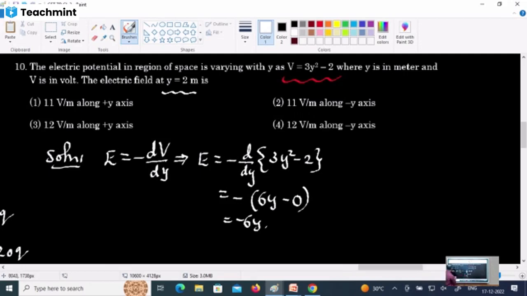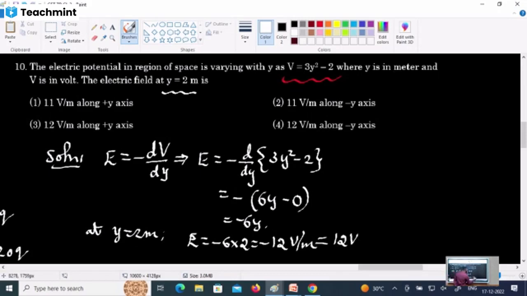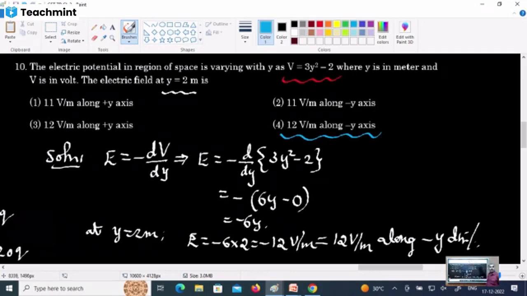So at y equals 2 meter, the electric field is therefore minus 6 into 2, which gives minus 12 volt per meter, or since it is a minus sign, 12 volt per meter along negative y direction. So the answer is 12 volt per meter along negative y direction. Answer is 4. Very easy again.